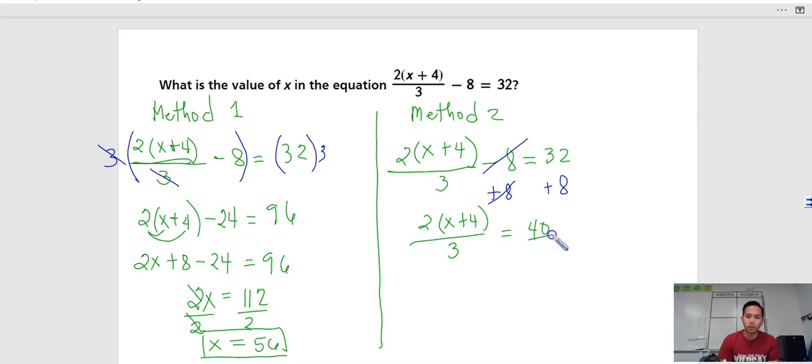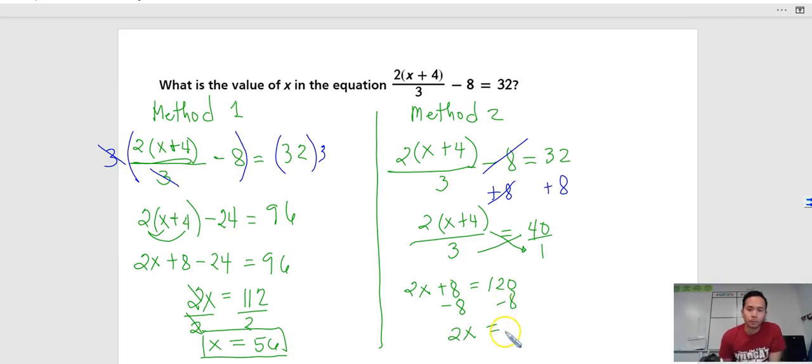So when I cross multiply, there's an invisible 1 here. I cross multiply this 2. So I have 2x plus 8 is equal to 120. I subtract 8 from both sides. So I have 2x is equal to 120 minus 8, which gives me 112.